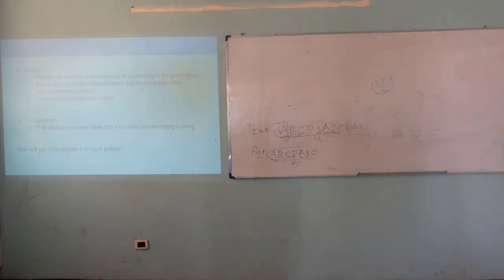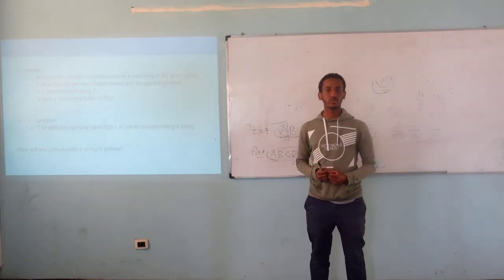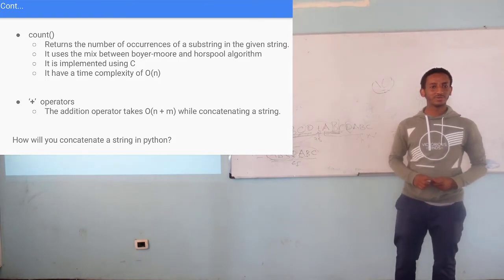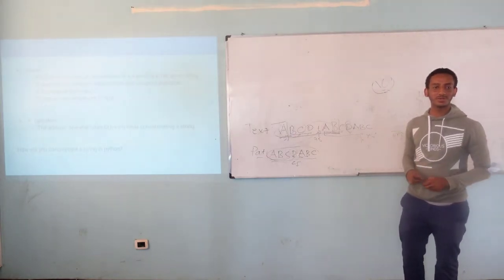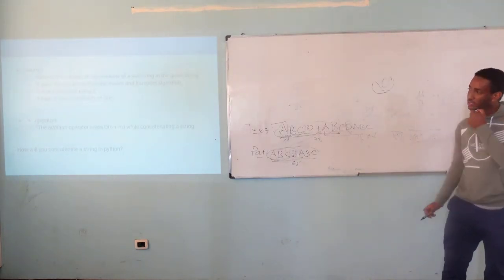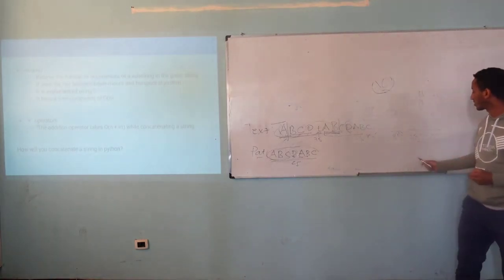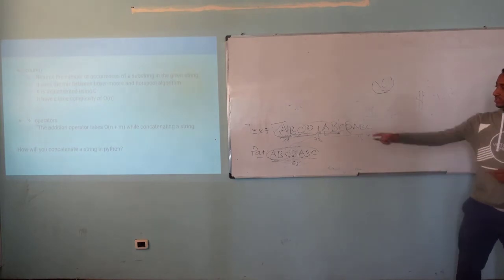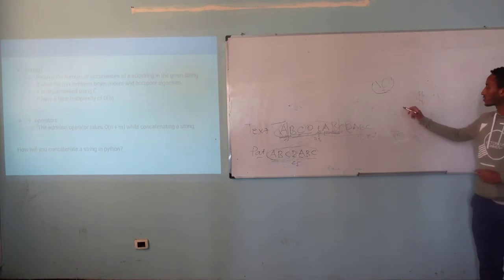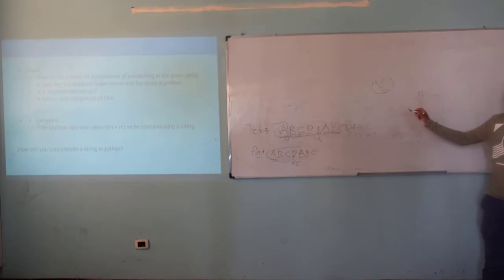Have you used addition for string concatenation, by the way? Okay. Why do you prefer it, maybe? Simplicity? Okay. So when we use addition, what happens is that it creates a new string each time we concatenate two strings.